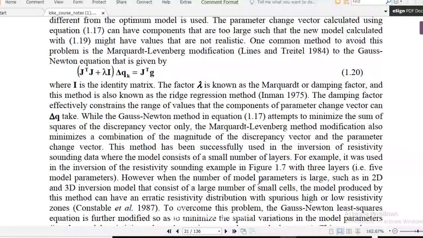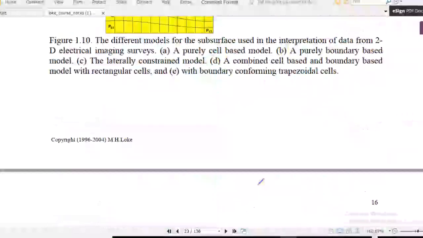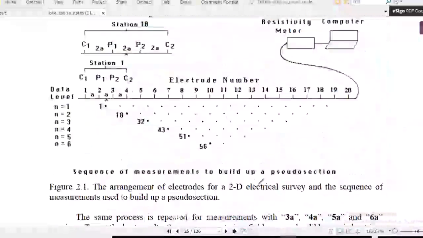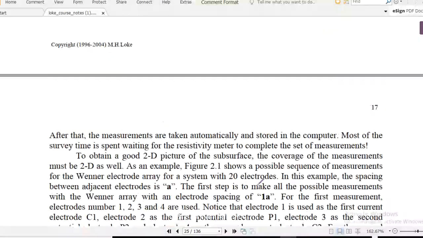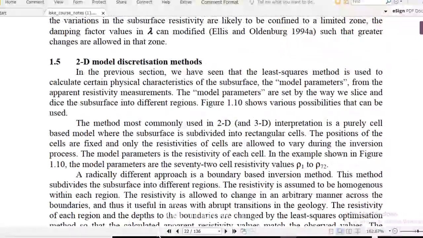That is about the basic theory. It will be tedious if I continue like this, so let me show you for today about RES2DINV, one example. Let me show you one model.